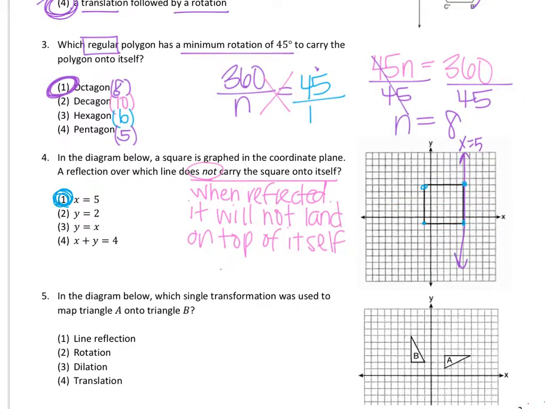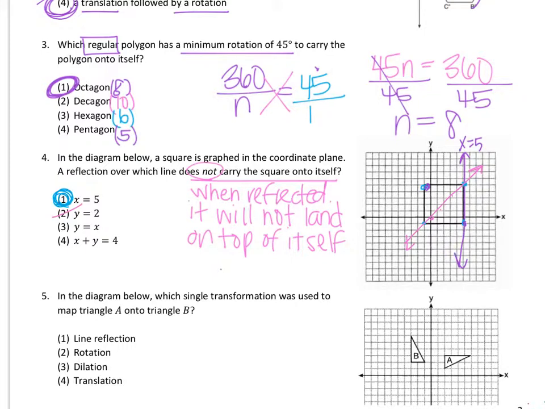Okay, now the next one says y equals x. That's the line where we go up 1 over 1 starting at the origin. Up 1 over 1, up 1 over 1, up 1 over 1, up 1 over 1. You can see that that's the diagonal here through the square. And I know it's hard to reflect through a diagonal, but all that happens is the vertices switch.